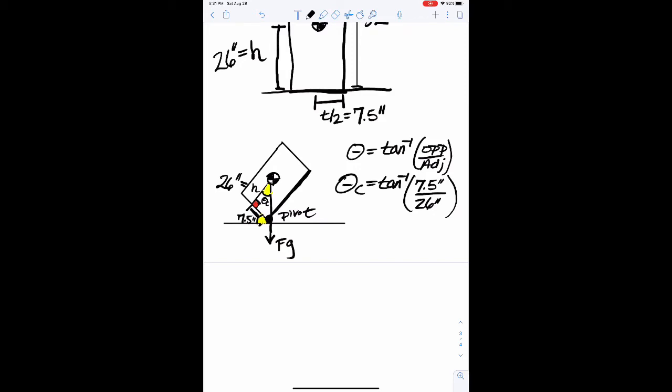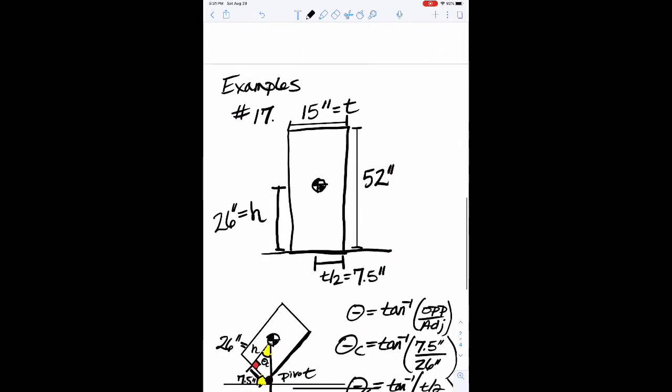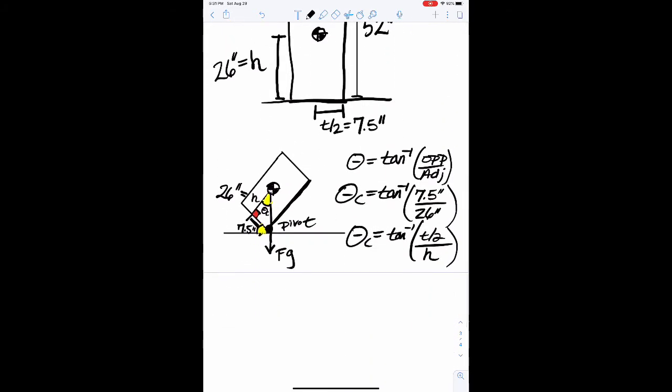So let me just be clear there. The formula I'm using is theta critical equals tan inverse of t over 2 divided by h, which is the height of the center of gravity.